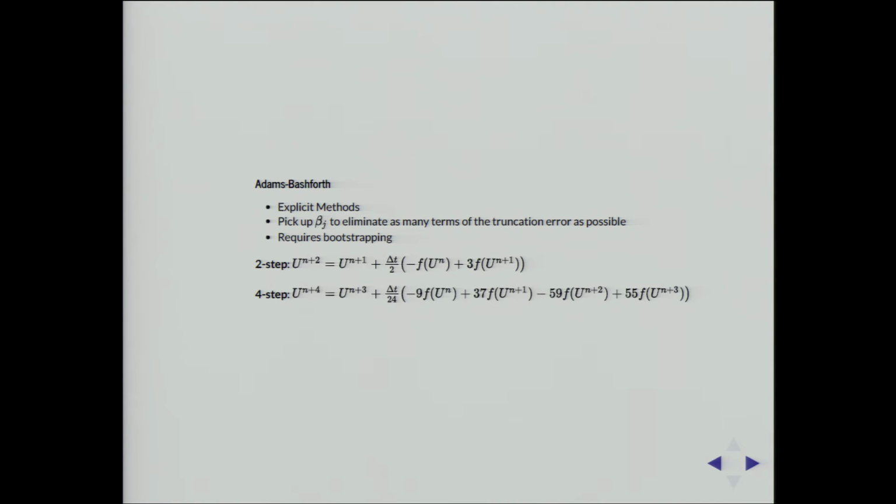That means that I need to use another method to calculate my first evaluations of my function. So in the case of 2-step or 4-step Adams-Bashforth, I need another method like Runge-Kutta to evaluate u n plus 1, u n plus 2, or u n plus 3. And so this is the Adams-Bashforth.